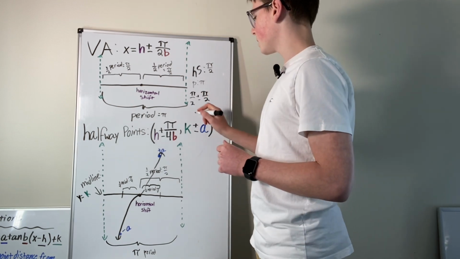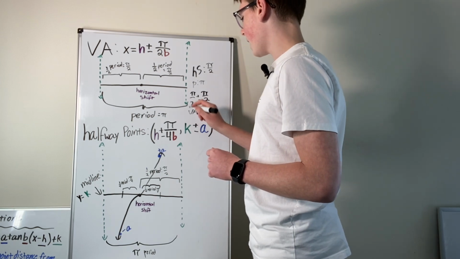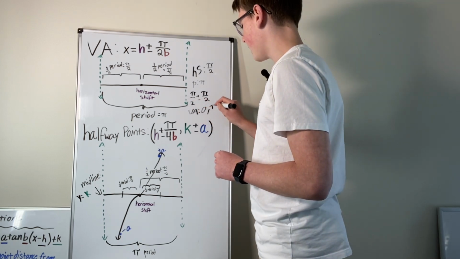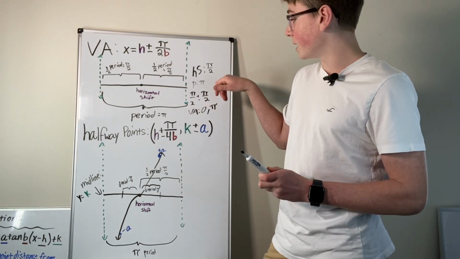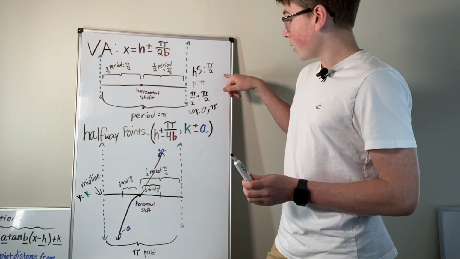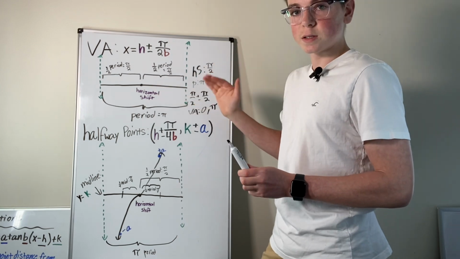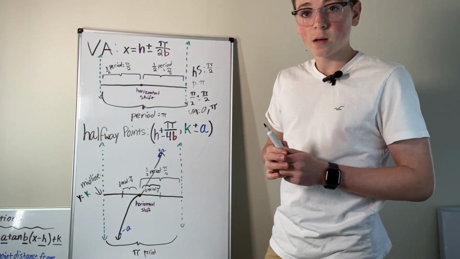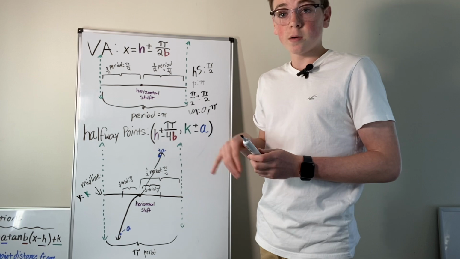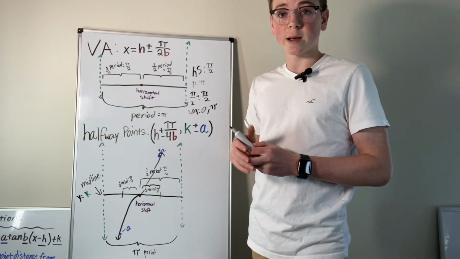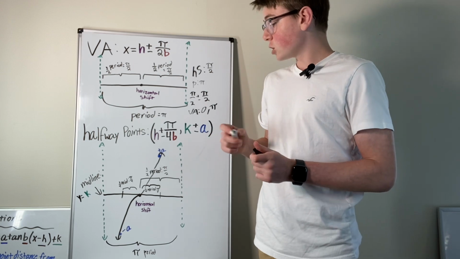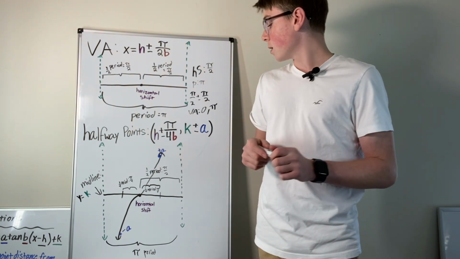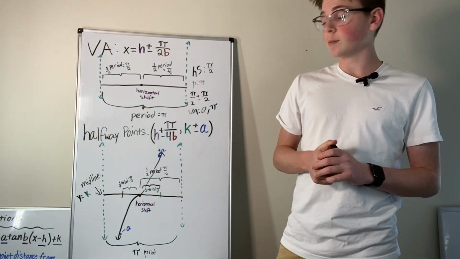So our vertical asymptotes would be at 0 and pi, which we have pi over 2 in the middle, and there's our period, it will be pi. So it starts at 0 and goes to pi. Pi over 2 is directly in the middle, so we're good. Then halfway points are h plus or minus pi over 4b, comma, k plus or minus a.